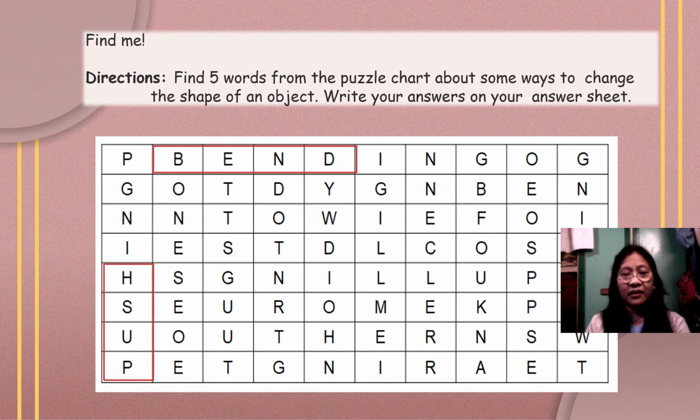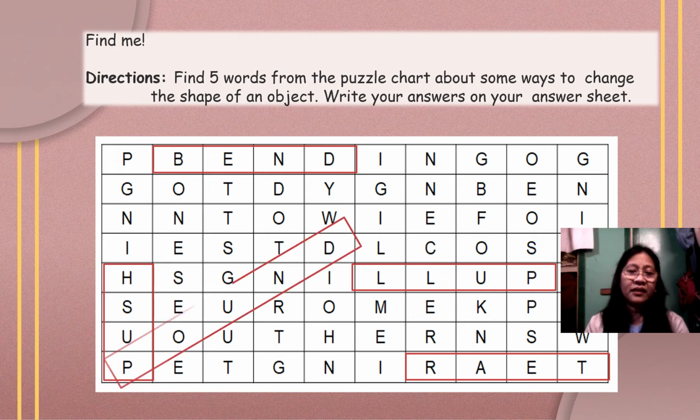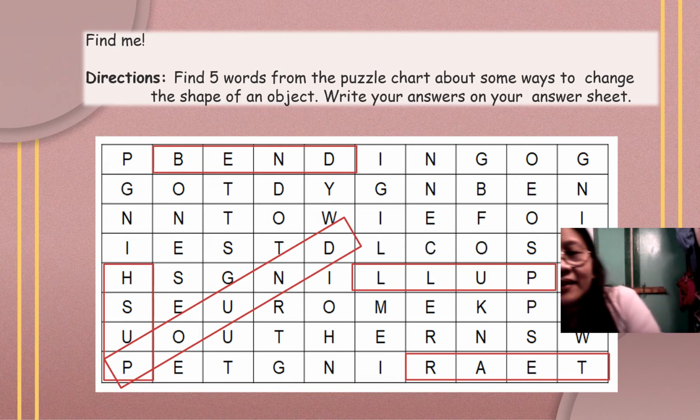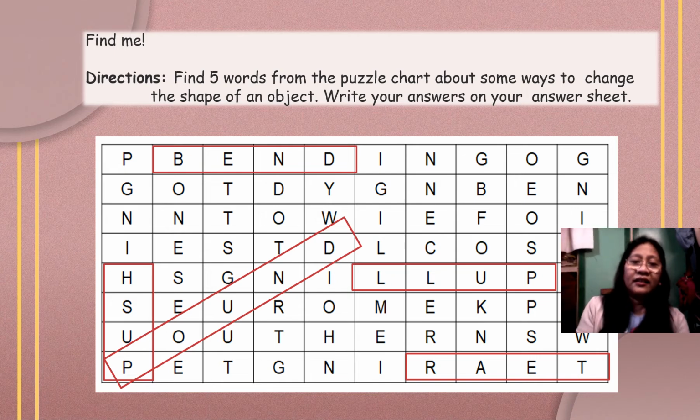Next is push. Next is tear. Next is pull. And the last one is pound. So these are the different ways how to change the shape of an object.